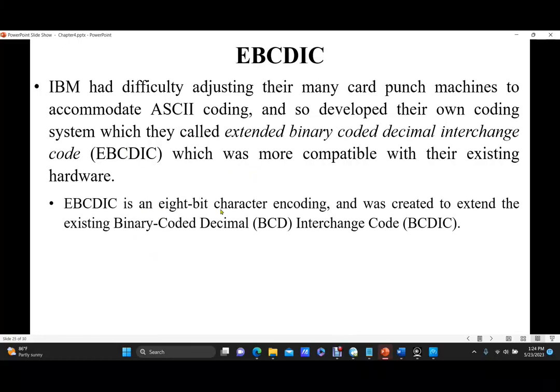It's an 8-bit character encoding and was created extending the existing BCDIC, binary coded decimal interchange code.